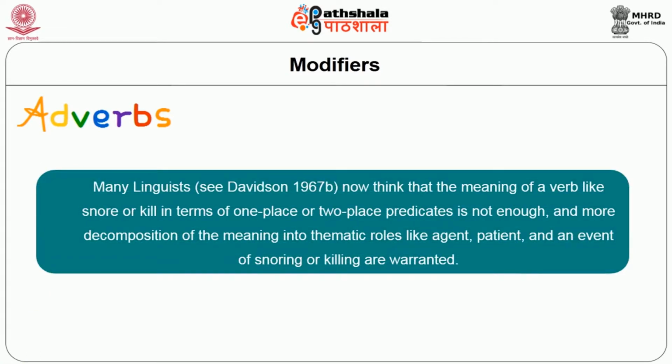Many linguists and philosophers, following the work of the philosopher Davidson, now think that the meaning of a verb like "snore" or "kill" in terms of one-place or two-place predicates is not enough, and more decomposition of the meaning into thematic roles like agent, patient, and an event of snoring or killing are warranted. So in terms of events, the meaning of our sentence is that there was an event of snoring, Kumbhakarna is its agent, and that event was a loud event.